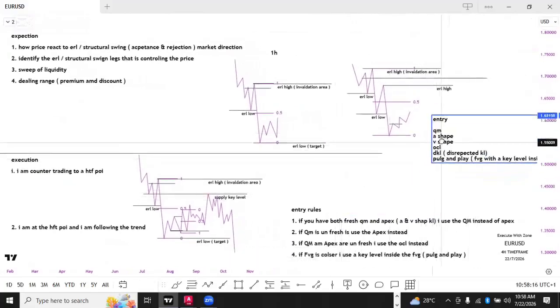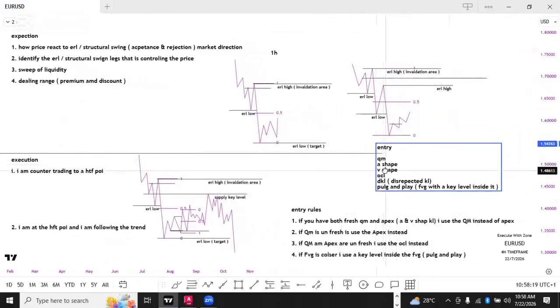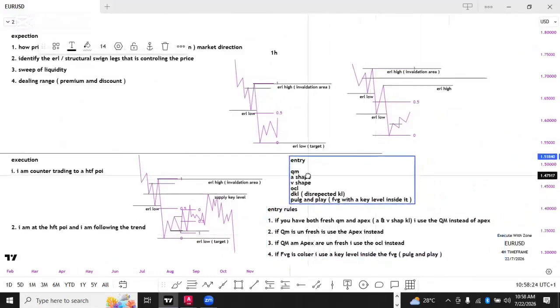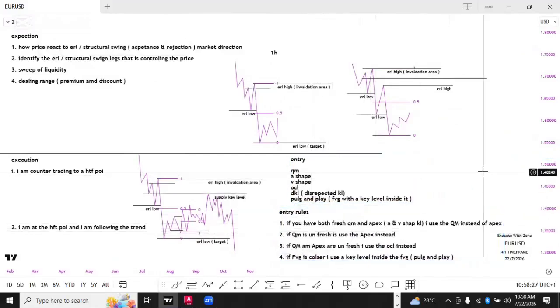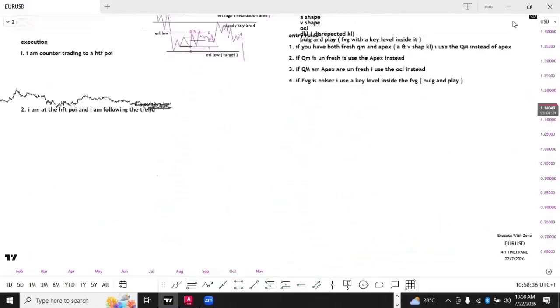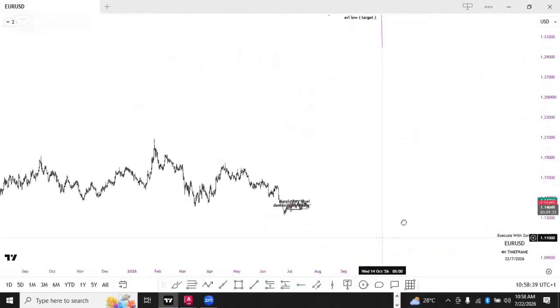And we also talked about entries, the rules to follow for your entry. So these are what we talked about so far. So let's go into the chart and let's work on something.